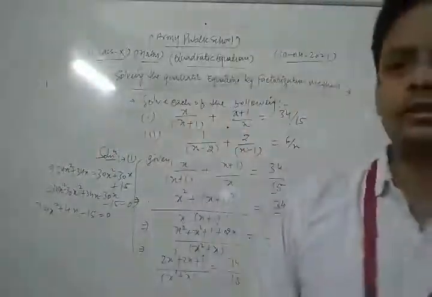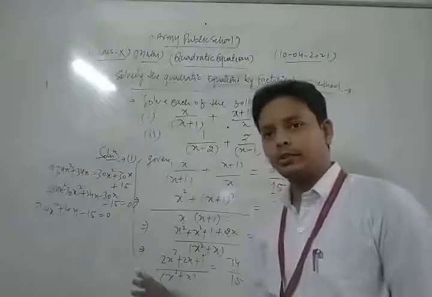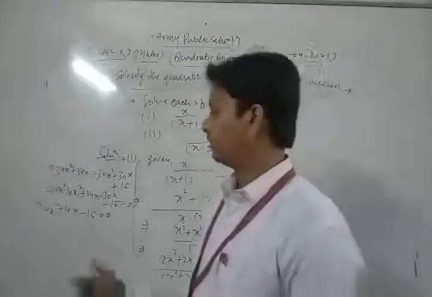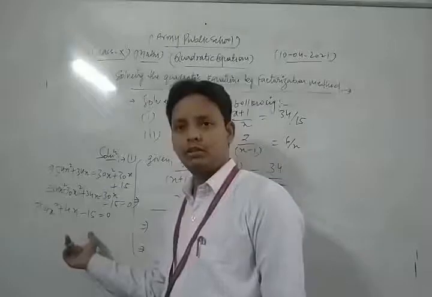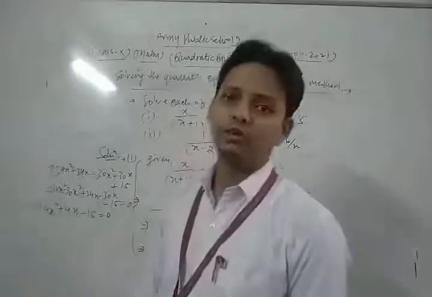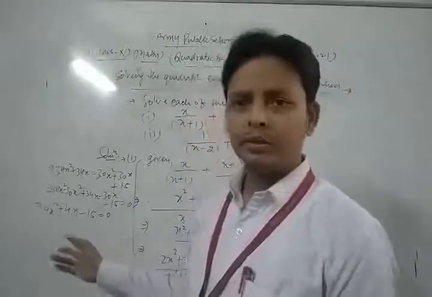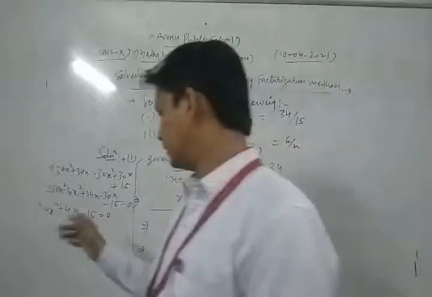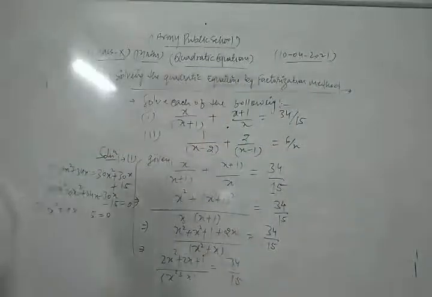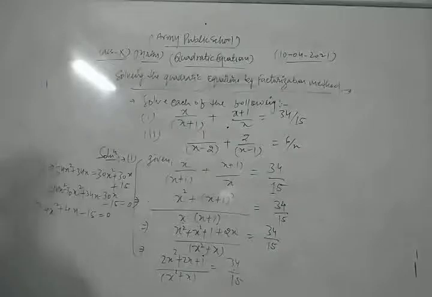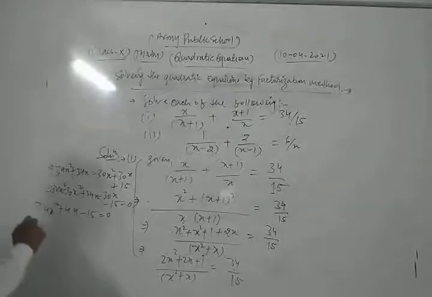Thus, dear students, after simplifying the expression, we find a quadratic equation. Now we can solve it by splitting the middle term. Let's see: 4 times 15 is 60, so 10 and 6.